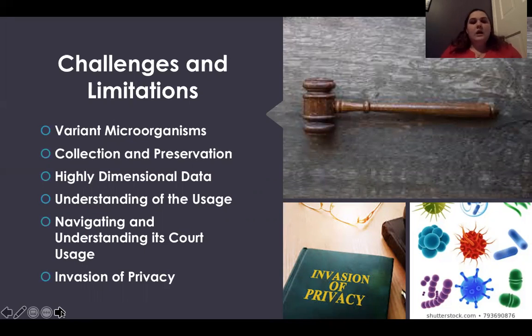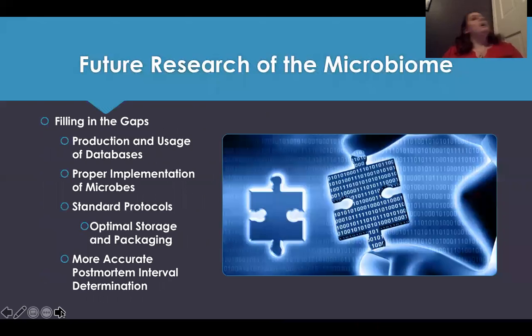Highly dimensional data, as well as the understanding of the usage of microbes, such as navigating and understanding it in court. We want to ensure that everyone understands how useful they are, what they mean when it comes to determining the postmortem interval, and how their implementation can aid in determining a more accurate postmortem interval. It has also been considered an invasion of privacy because you're looking at someone's personal microbiome.